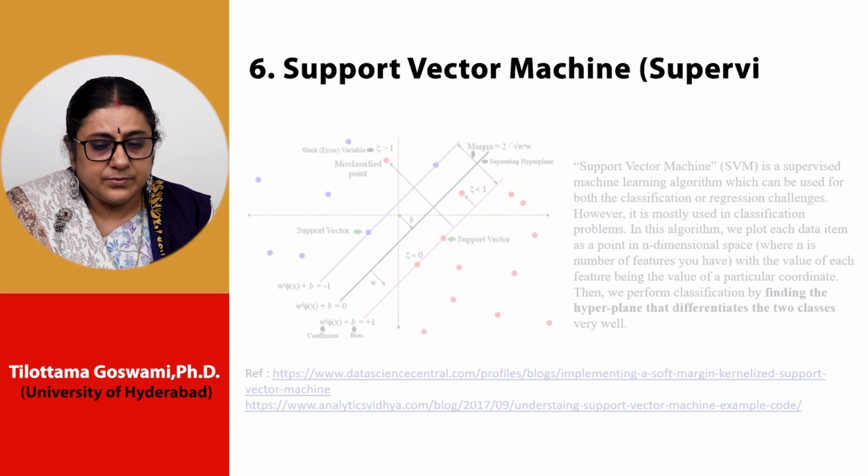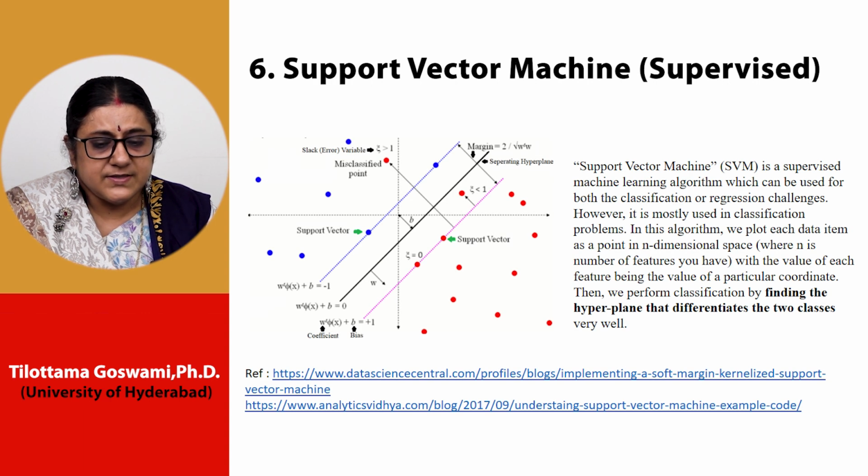Then support vector machine, popularly called SVM, is a supervised machine learning algorithm used for both classification and regression. Here the classification is about finding the hyperplane that differentiates between the two classes very well.